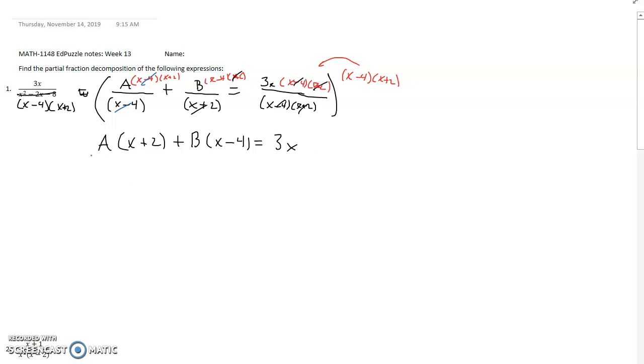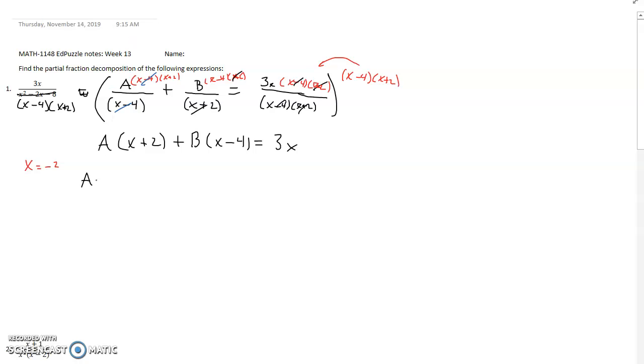Now, there's lots of different ways to solve these, but what I'm going to show you today is a process in which we zero out this term. If we can figure out the x value that will make this 0, that's going to knock the a out and allow us to solve for b. What is the number that will make this factor right here 0? Well, x is equal to -2. So we're going to plug that value in.